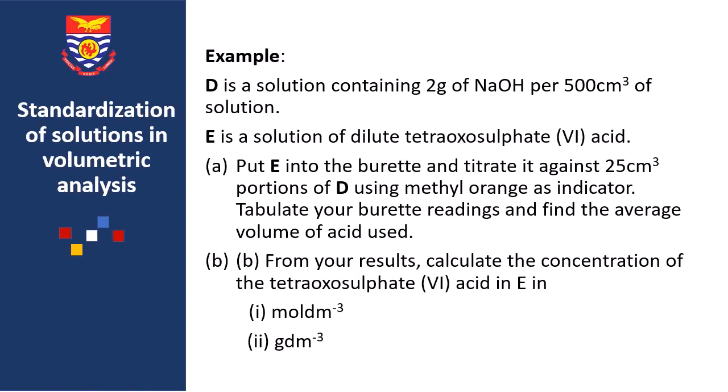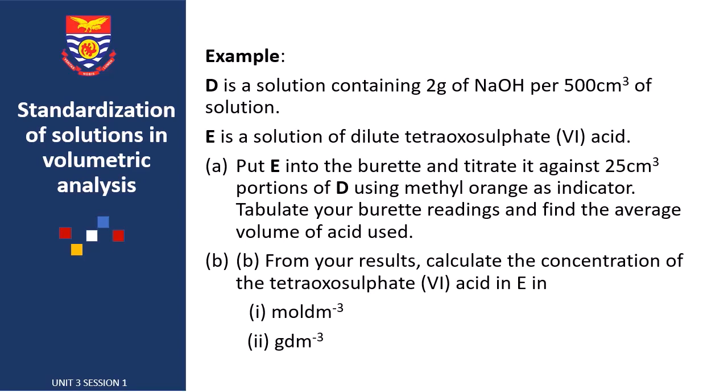So knowing those guidelines, we can now take an example where we assume to do a titration, and our focus will be on the calculations. So we have a solution and we have a titration being done. Our task is to calculate the concentration of the acid used.